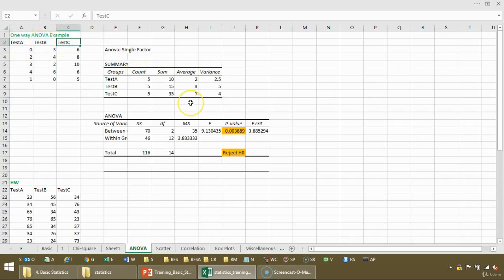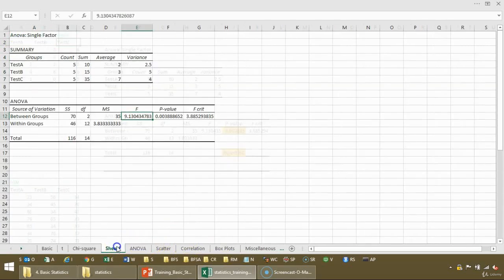And if you look at the averages in the data, it looks like test C is different from test A and B. It is quite obvious from the data that test C is different from A and B. You may also ask the question, what about A and B? It looks similar, but you can test with only these two and see whether they are statistically the same or different.